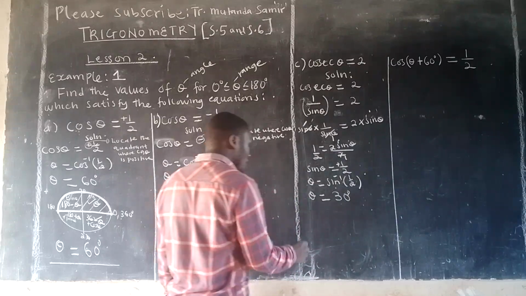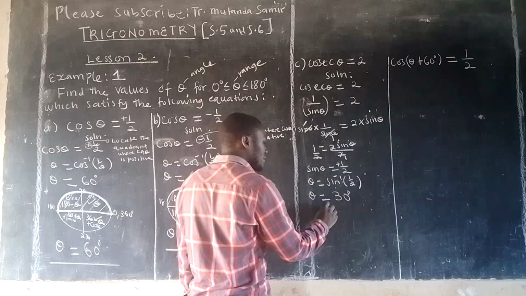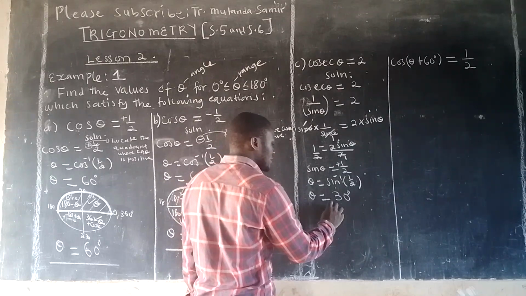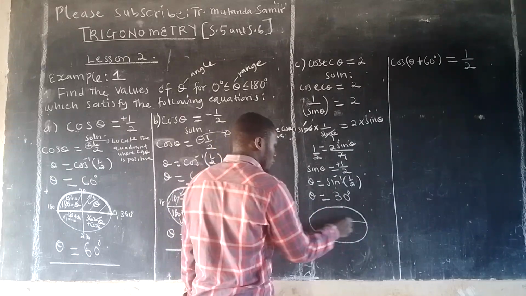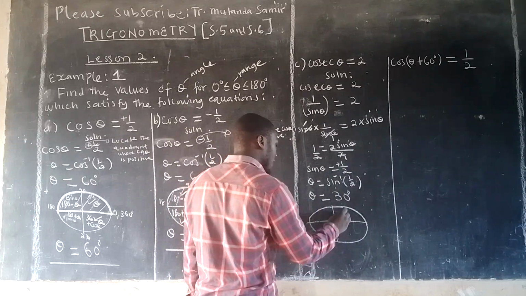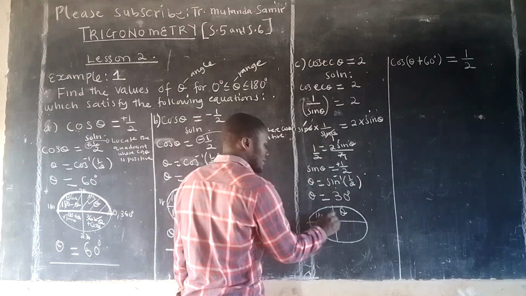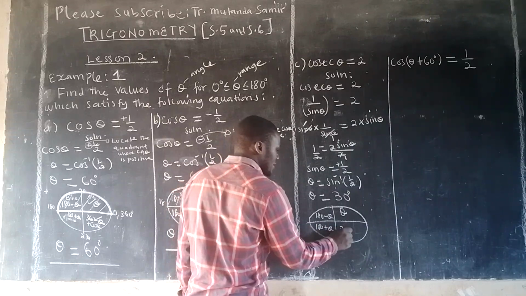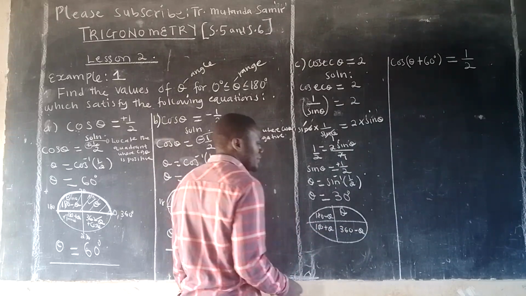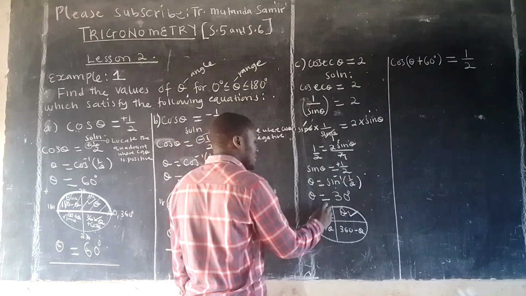Now let's see in which quadrant sine is positive. I will draw here. Remember here we have theta. Here we have 180 minus theta. Here we have 180 plus theta. Here we have 360 minus theta. Where is sine positive? Students, sine is positive there.